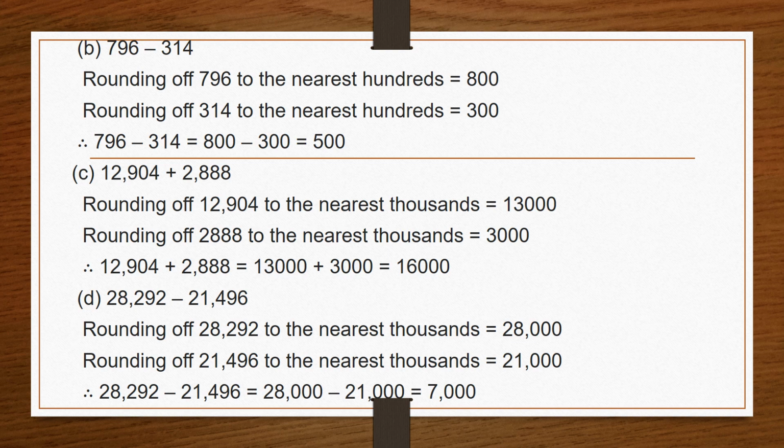In 28,292, the hundreds digit is 2, so this number is rounded down. It will become 28,000. In 21,496, the hundreds digit is 4, so again, this number is rounded down to 21,000. So the difference is 7,000.